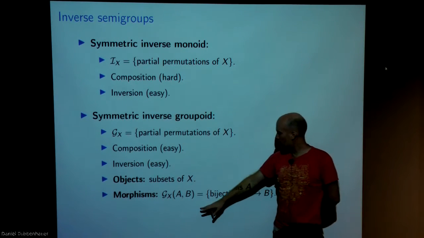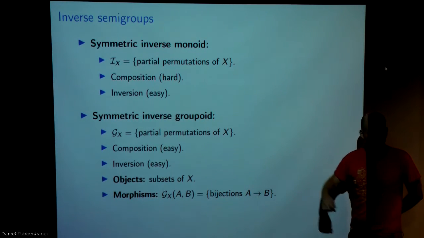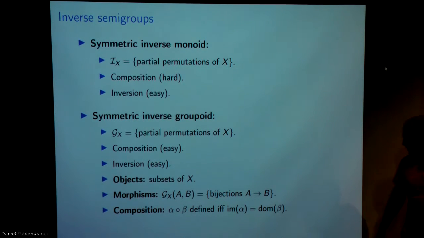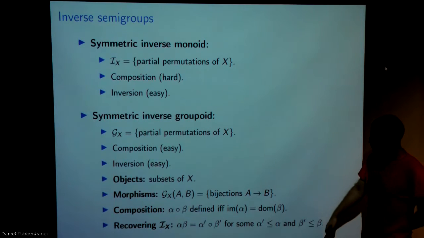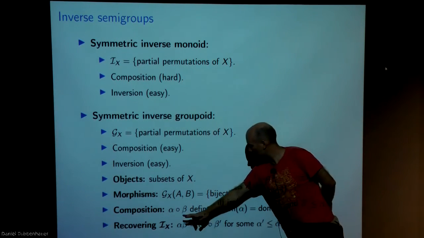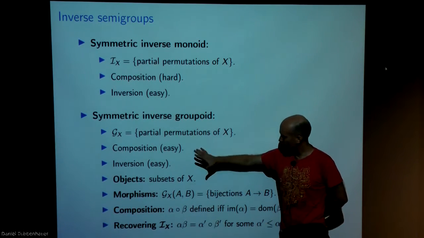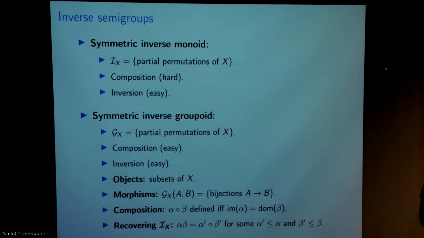So if we're given a pair of subsets A and B, we think of the morphism as just a bijection. And we only compose these things when the codomain of alpha equals the domain of beta. All right, and I've told you that if you've got an arbitrary pair of bijections, you can always turn their semigroup theoretic product into a groupoid composition just by suitably restricting these.